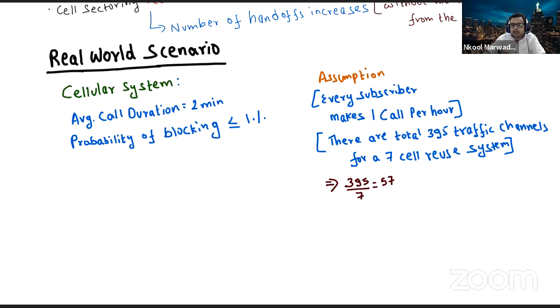So every cell is equipped with 57 traffic channels.